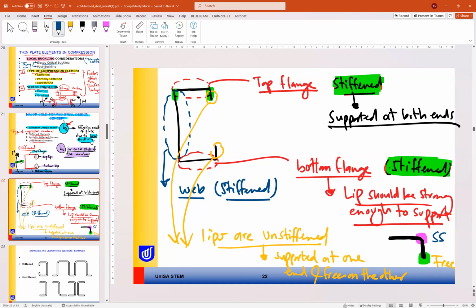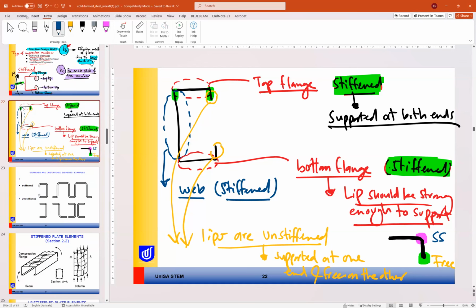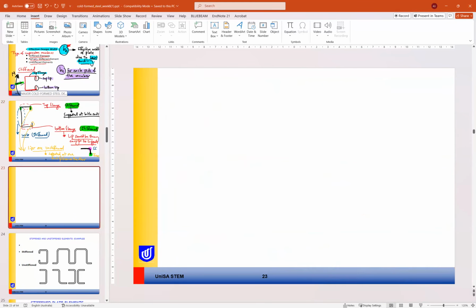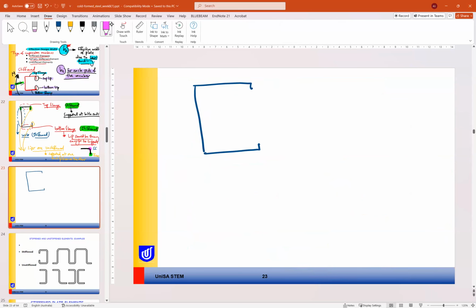And partially stiffened means, for example, if we have something like this, if we have this flange and this flange.